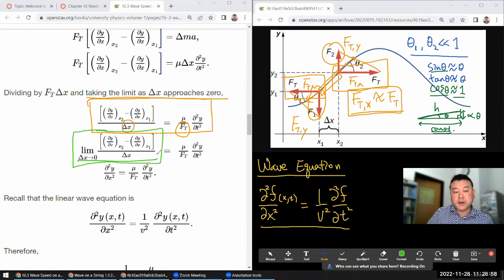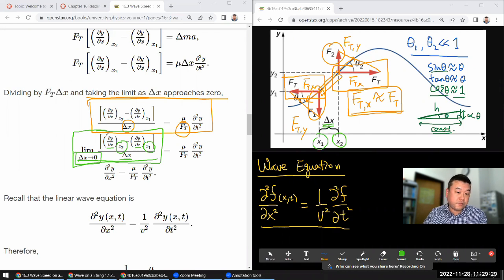You stare at this for a while, you realize that these two are basically the same functional form, evaluated at two different positions, two positions that are relatively close to each other by distance delta x. You are taking the difference between them and then dividing by delta x. And you are taking the limit that delta x goes to 0.